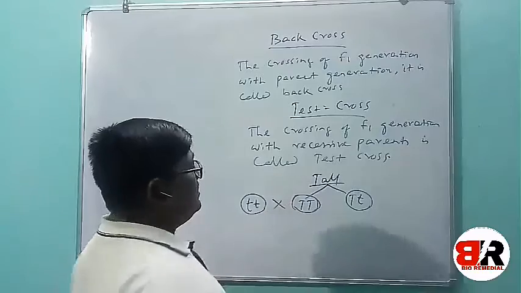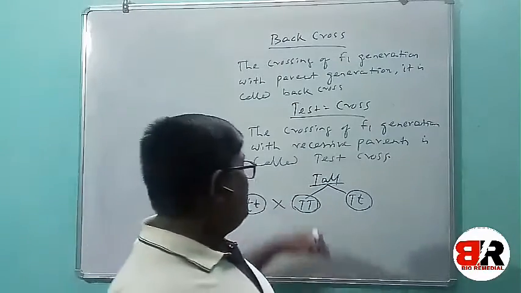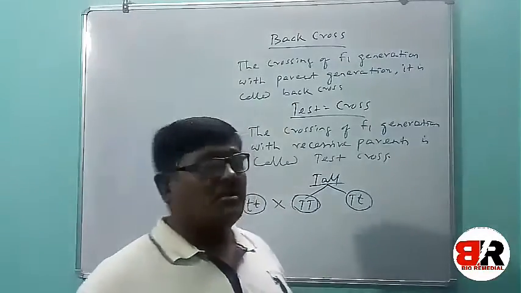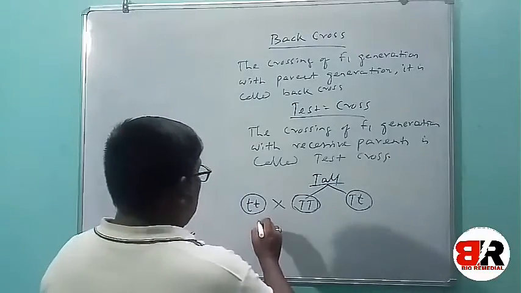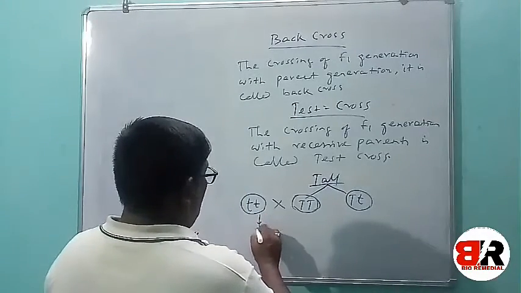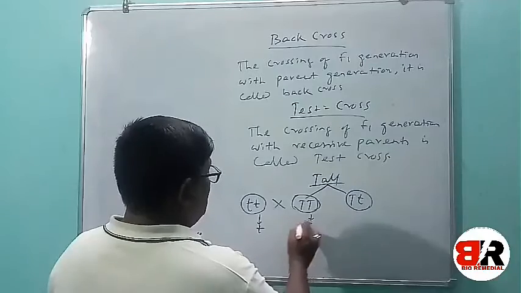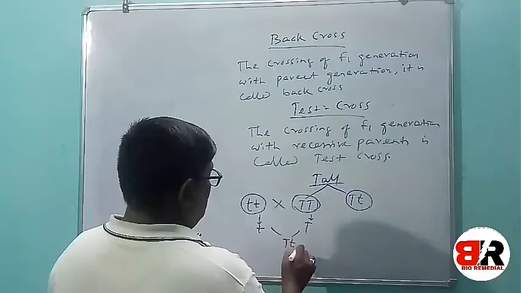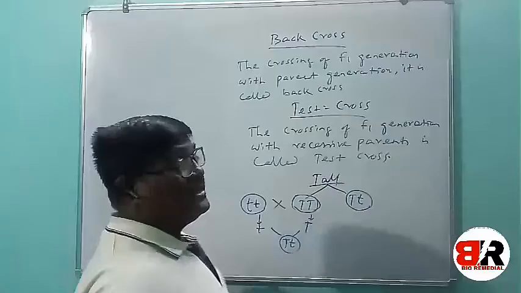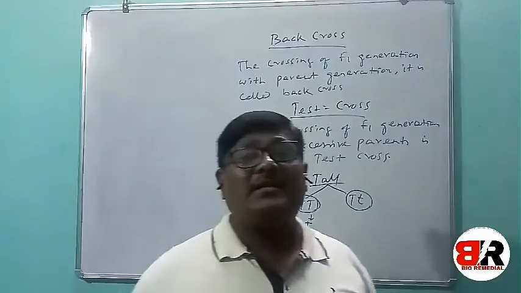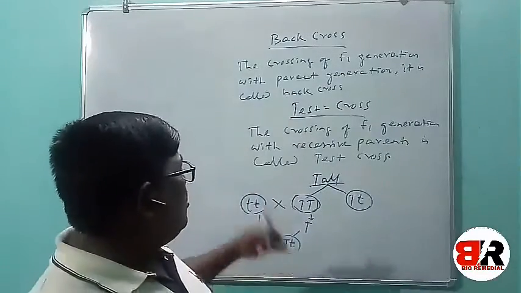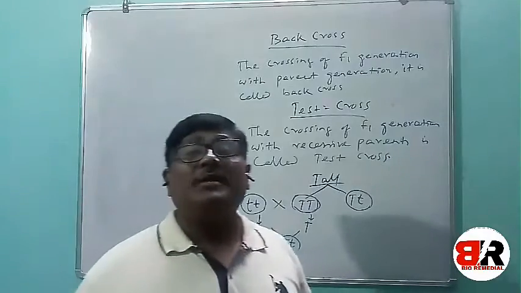Suppose we cross it and assume it is homozygous, then the result will be that all plants in the next generation after test cross will be tall.